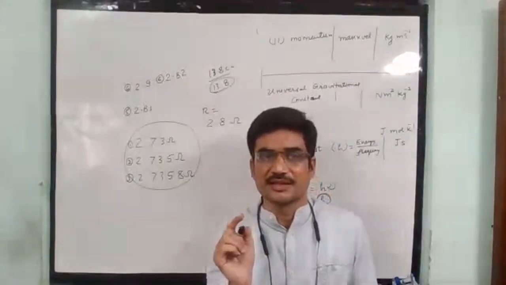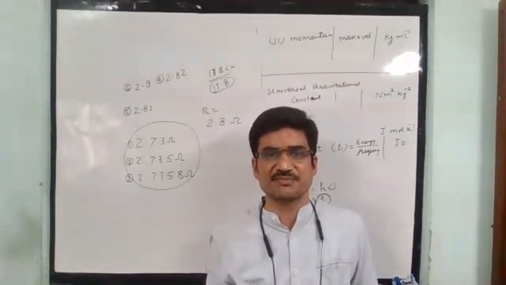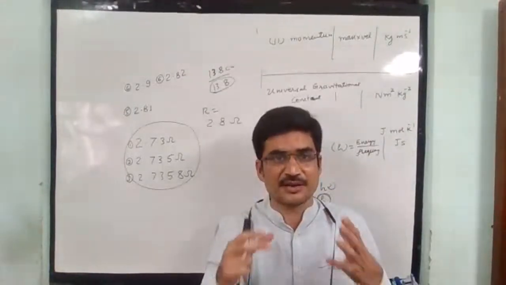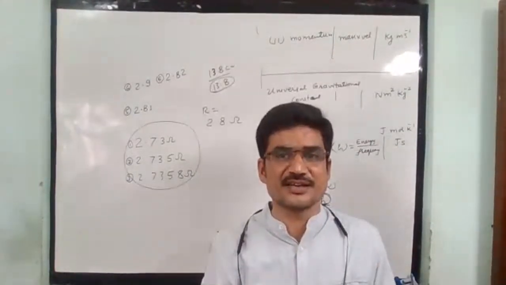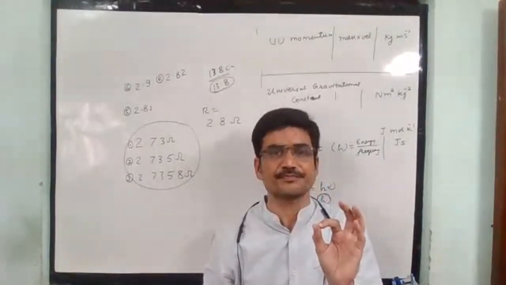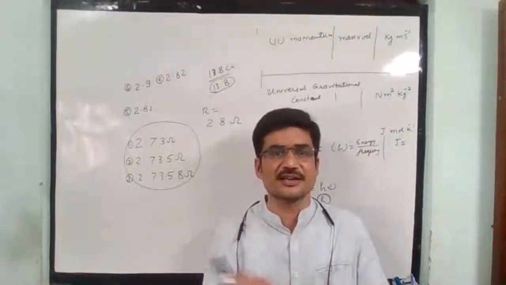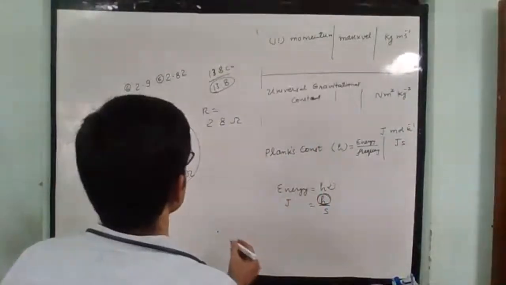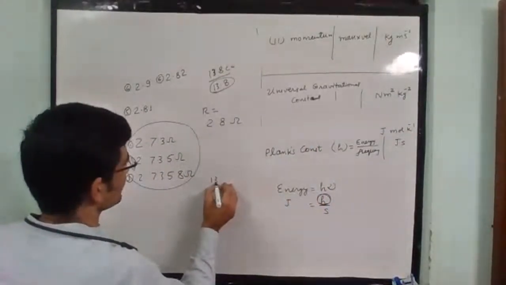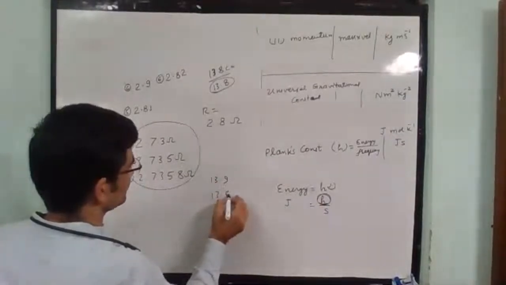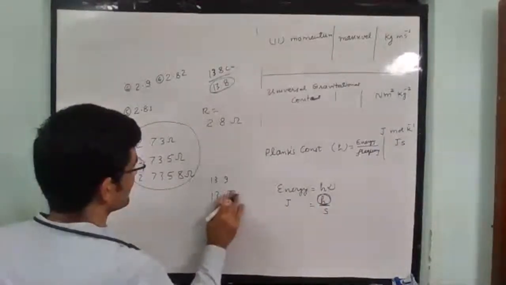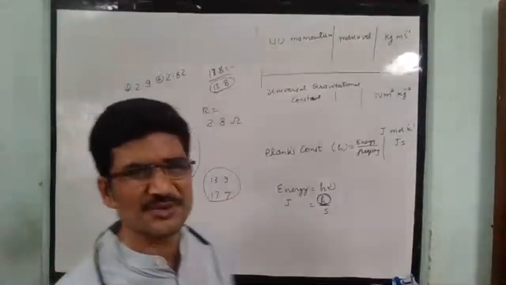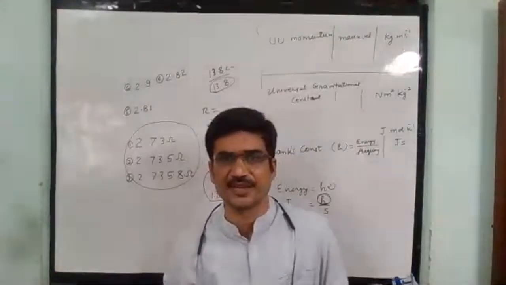The least count of this instrument is 0.1 centimeter, so there may be a chance of 0.1 centimeter less or more. So the exact value should range in between these, plus or minus 0.1.